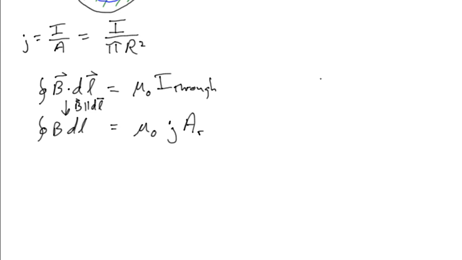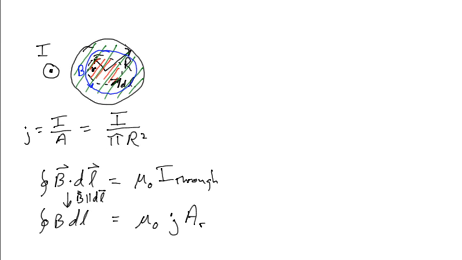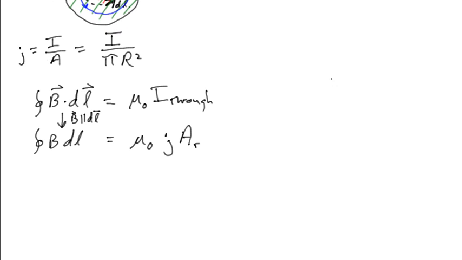By symmetry, the magnetic field has to have the same magnitude at all points that are the same distance. If it weren't, I could tell that I had spun the wire by looking at the magnetic field, but you can't tell by looking at the current, and so it has to be the same at all points on my Amperian loop.